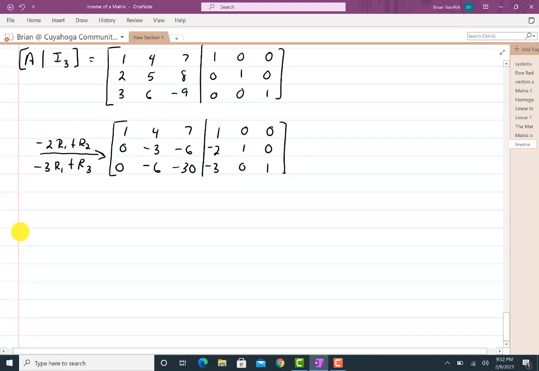Okay. Now the next thing I'm going to do is prepare this 4 to be annihilated. Right now I'd have to introduce fractions to take out the 4. To avoid that, I'm going to multiply my first row by 3.